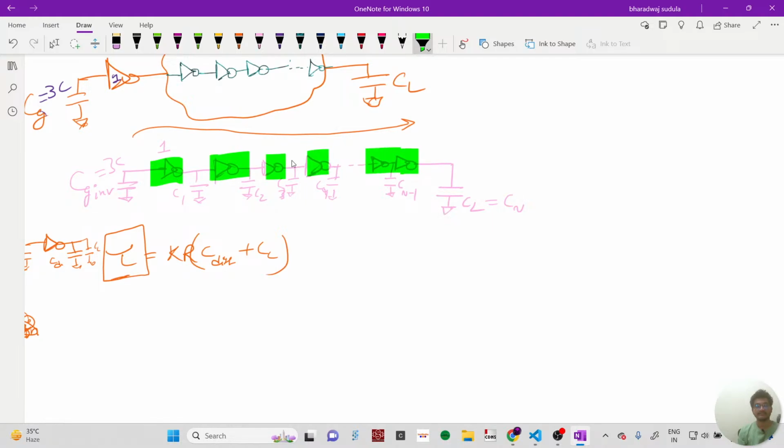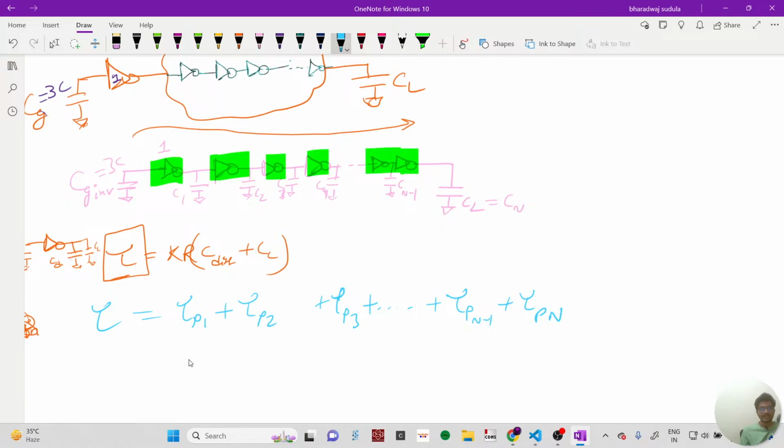Every inverter's propagation delay contribution has to be summed up, and thus we have the total delay. So you can write it as the propagation delay of the first inverter, second, third one, and so on, propagation delay of n minus 1, propagation delay of the nth gate. So this is the total time constant.